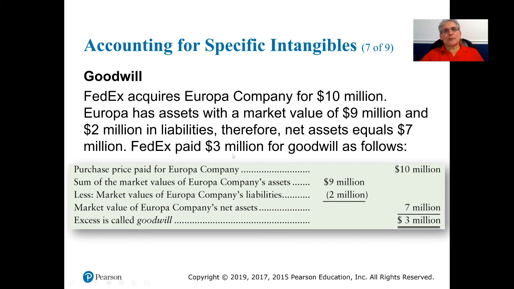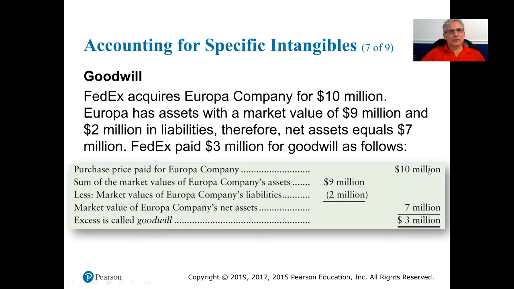FedEx pays $3 million for goodwill as follows. Europa has assets of market value of $9 million and $2 million of liabilities. That means it only really has $7 million in market value. FedEx paid $10 million for it. Therefore, $10 million is $3 million above the fair market value.